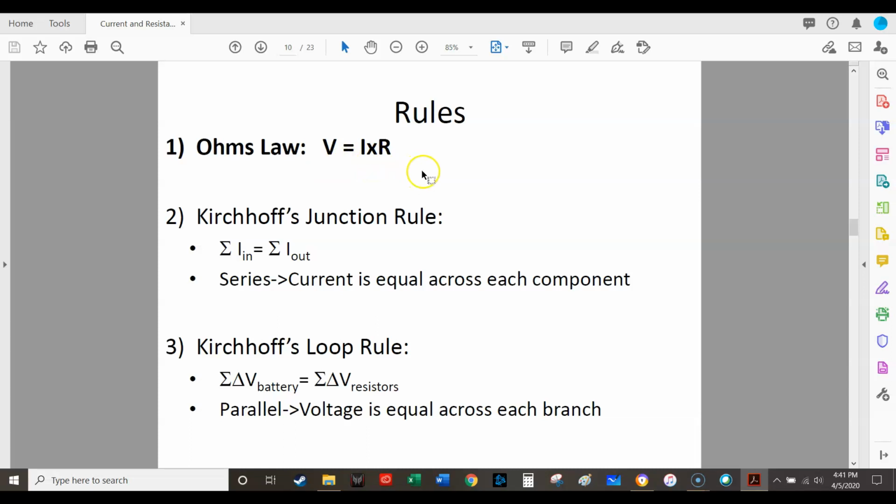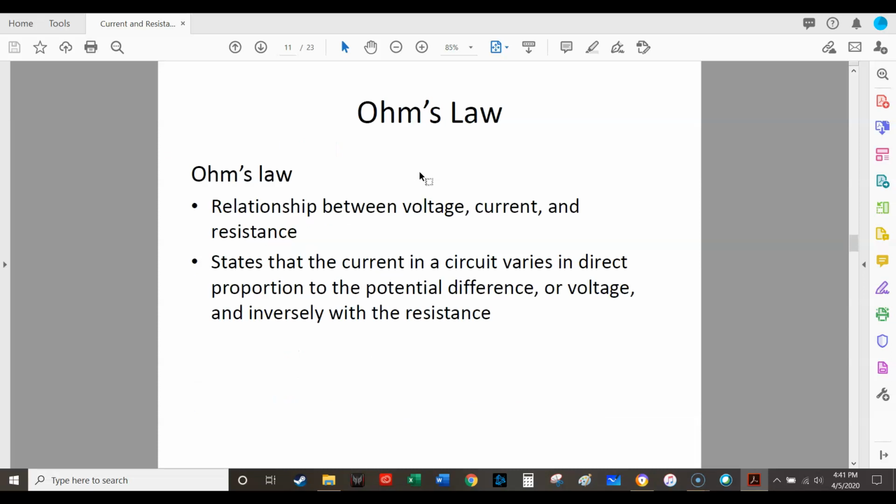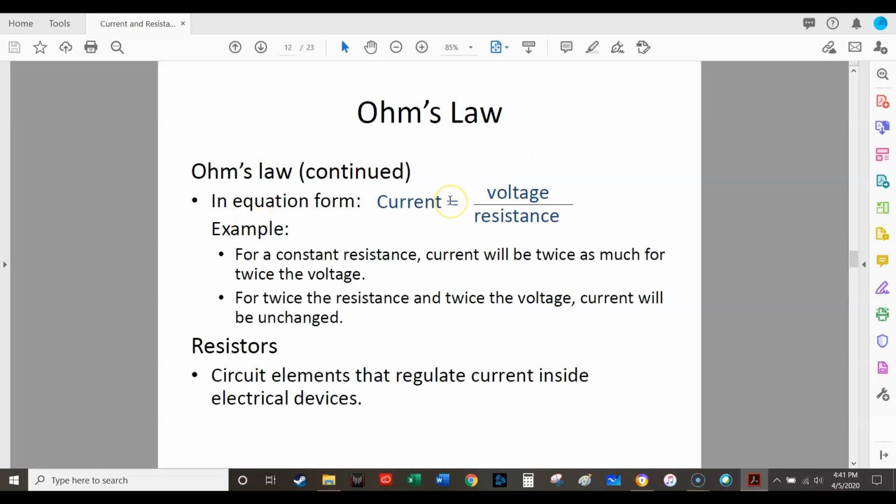Voltage equal to current times resistance. That's a form of Ohm's law. But let's go to actually Ohm's law. So Ohm's law is a relationship between voltage, current, and resistance. Okay, and the way it's written is current is equal to the change in voltage over the resistance.